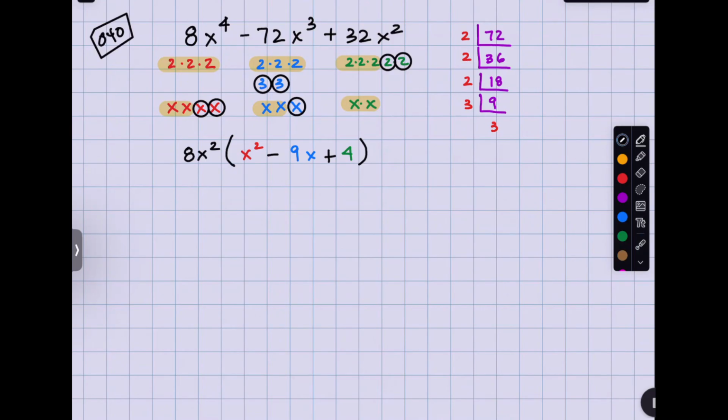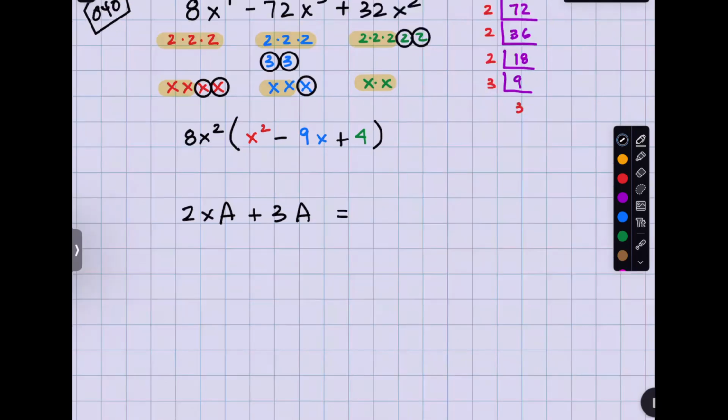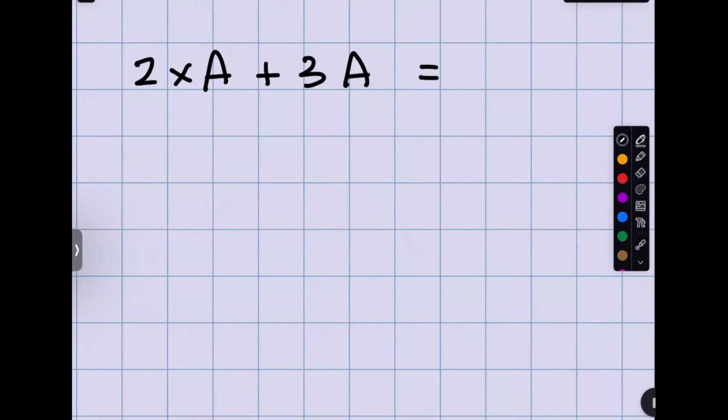All right, let me ask you guys this. What's my GCF? What's in common in those two terms? It's not a trick question, guys. Trust me. Excellent.